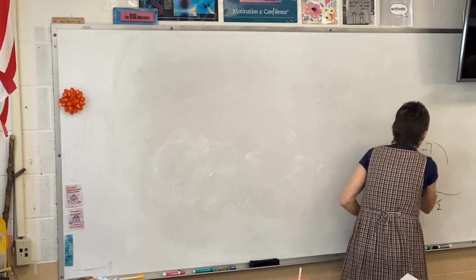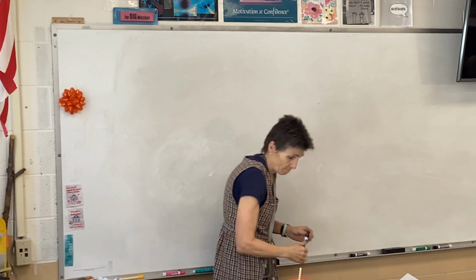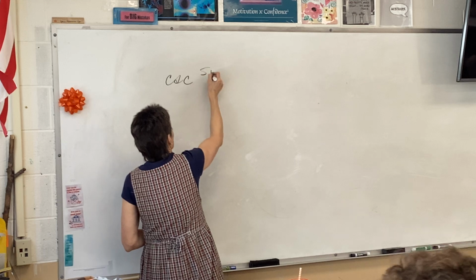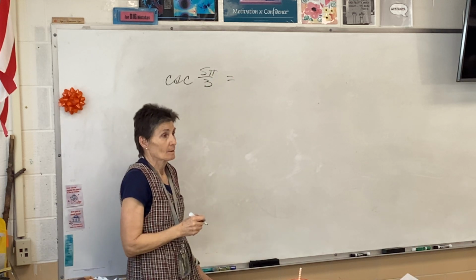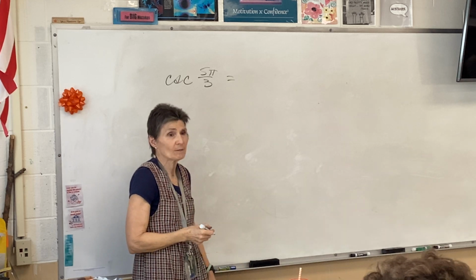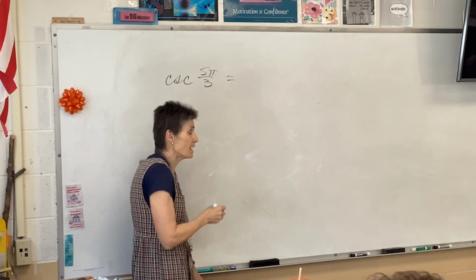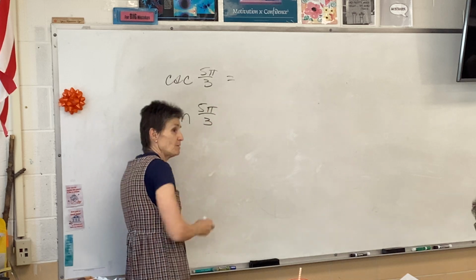All right, how about the next one? The cosecant of 5 pi over 3. I don't do cosecants often enough, so I'm going to find the sine of 5 pi over 3. Can I do that?